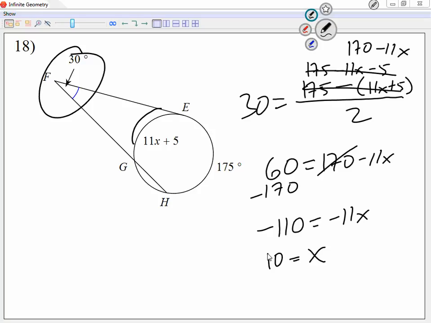I think you can agree that x equals 10. Well, the 170, once you move it from one side to the other, you switch the sign. Now 170, because 170 is bigger, we kept the sign.